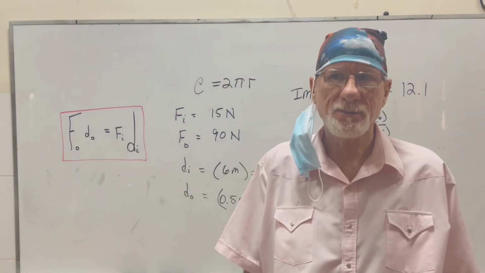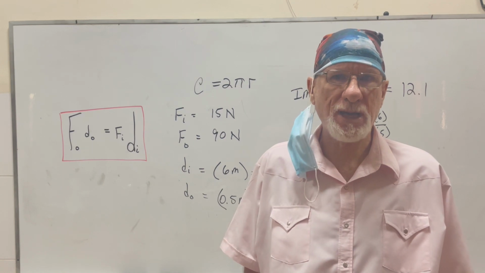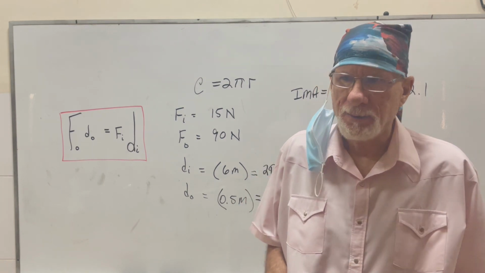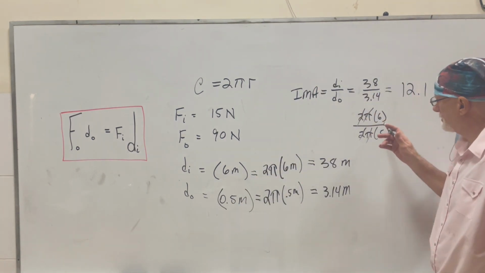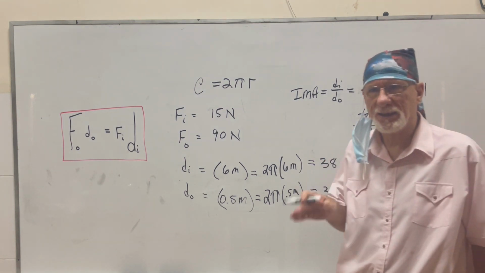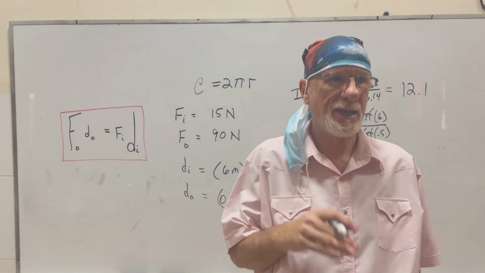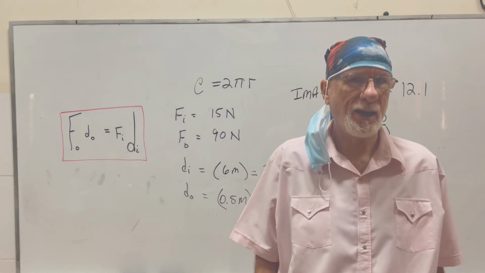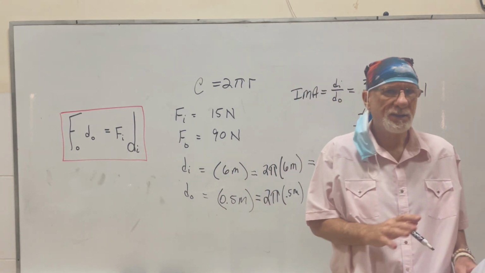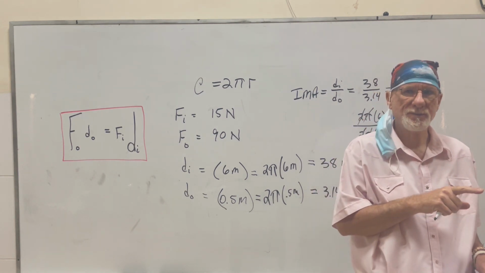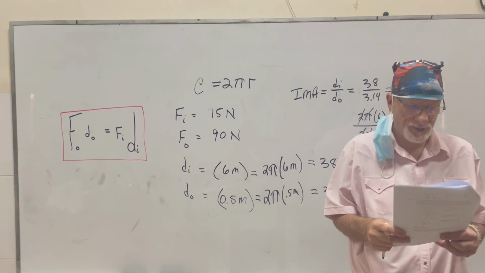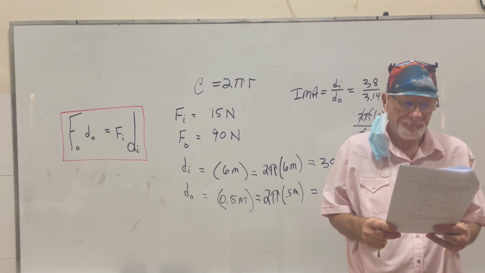But make no mistake. 6 and 0.5 are not the DO and DI. I'm just reducing that by canceling the 2 pi. Okay? The distance is the circumference. Correct? 1 circumference. All right.